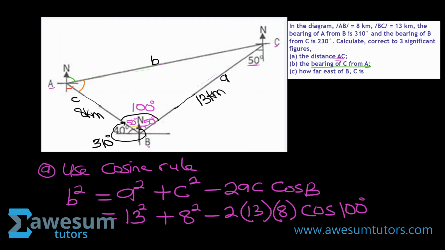Now let us see how we can solve that. If you look at this very well, this angle right here is an alternate angle to this right here, to this 50.